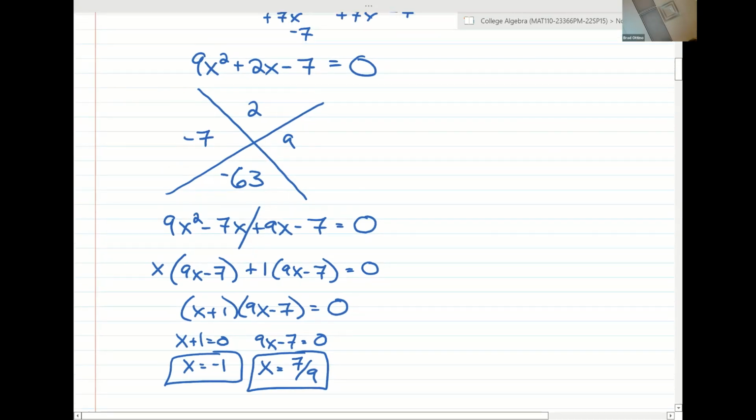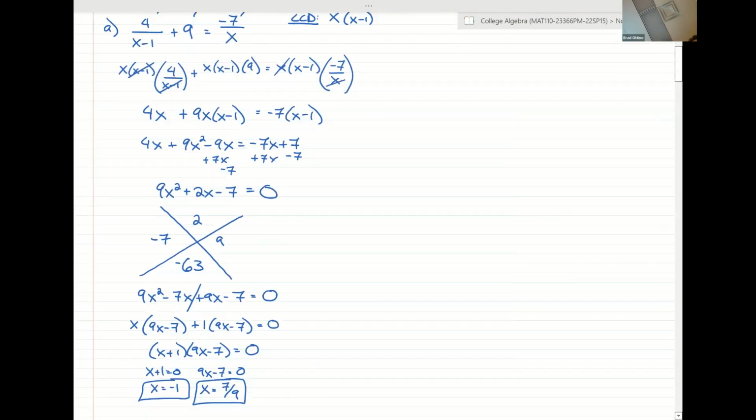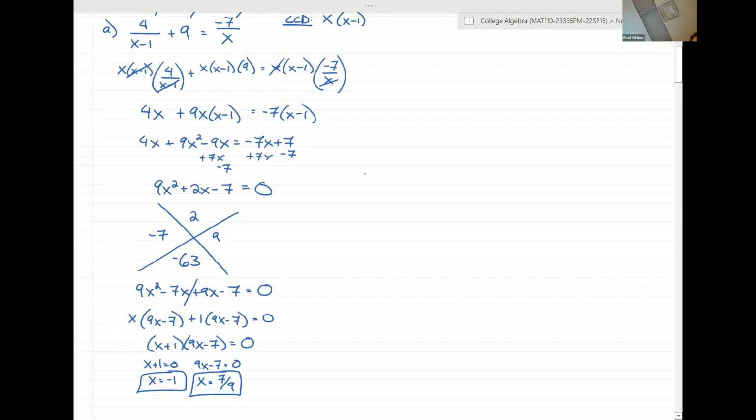The one thing we just want to check, let me just pull up the original equation here, is we want to check for extraneous solutions. We've talked about this word before, extraneous solutions. And extraneous just means extra solutions that don't actually work.